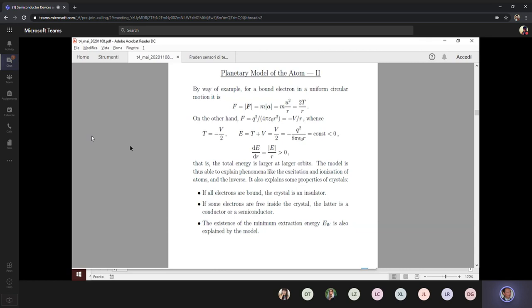So it is positive. Since the derivative is positive, that means that when you increase the radius, the energy increases.